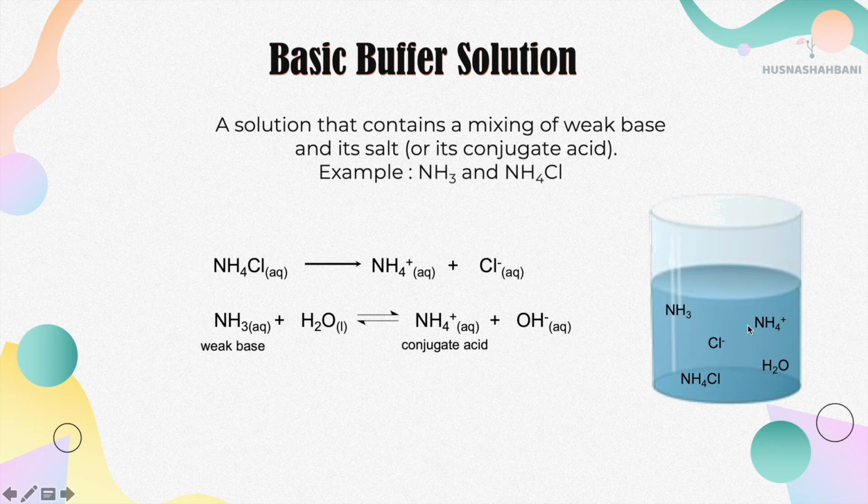So here you have NH4 plus and Cl minus, and the weak base NH3 will very slightly dissociate in water to become NH4 plus and OH minus. So in this basic buffer solution, NH4 plus comes from the weak base, and this NH4 plus also comes from the salt. This NH4 plus has two sources, just like the acidic buffer solution.